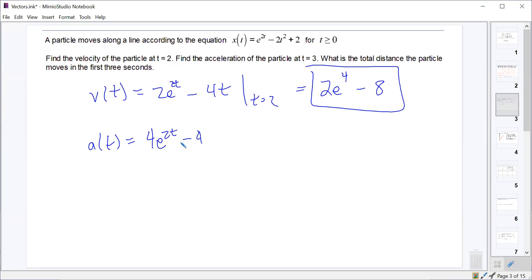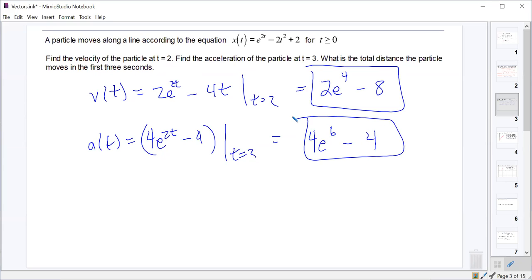And if we want to know what that is at t equals 3, what is it? Should be 4e to the 6th minus 4. Everybody good with that? All right, now it asks us the total distance traveled.